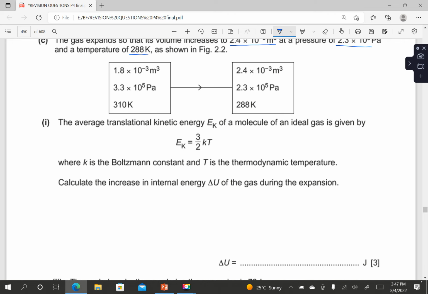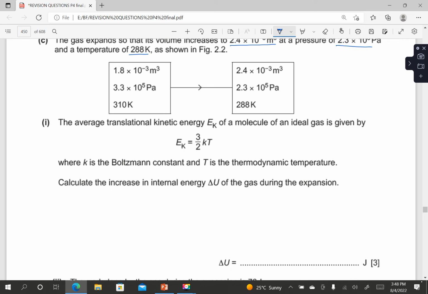Calculate the increase in internal energy. So earlier on we have already established and understood that the change in internal energy depends on the total change in kinetic energy of the molecules, because for an ideal gas, the change in internal energy is simply the total kinetic energy of the molecules.